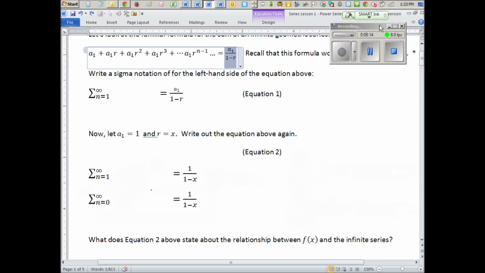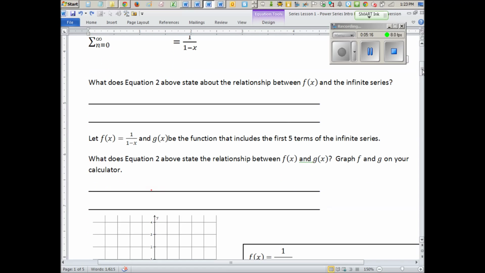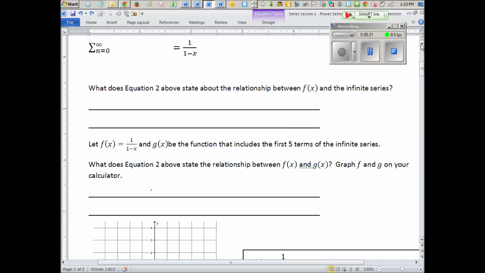So I'll rewrite it one more time. It's right here. Okay, so this is a very important fact. What is it saying exactly?